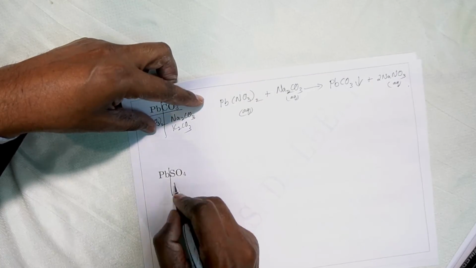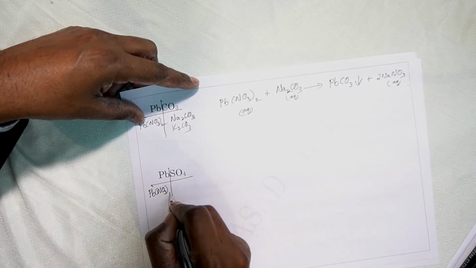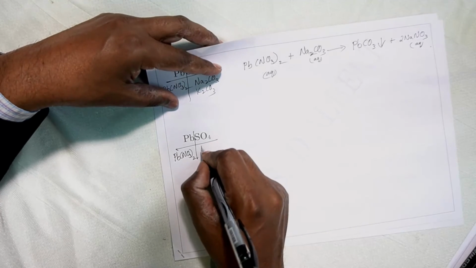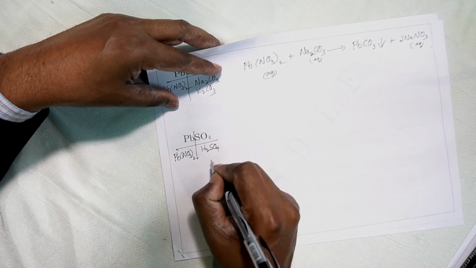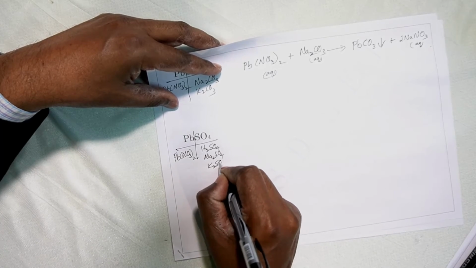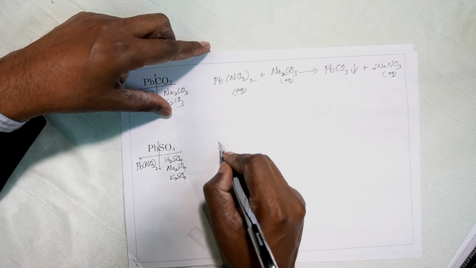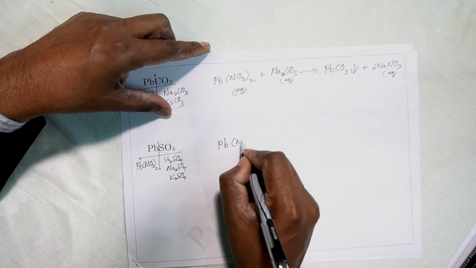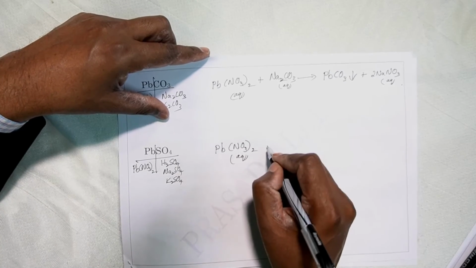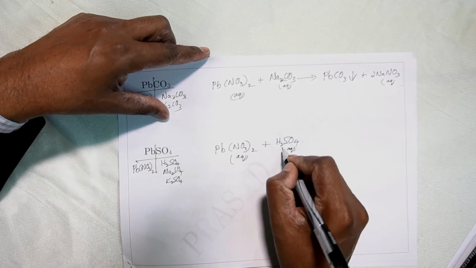Now PbSO4. Again on the left side we have Pb(NO3)2, lead nitrate, and on this side you have H2SO4 or Na2SO4 or K2SO4. Okay, I will write H2SO4 and Na2SO4. So you can have Pb(NO3)2, which is aqueous, plus H2SO4, which is dilute, or you may write aqueous.